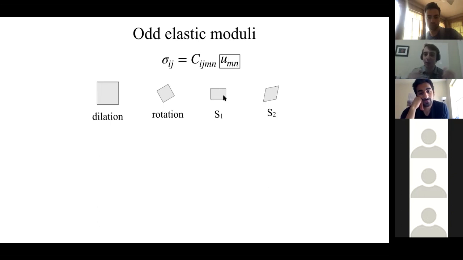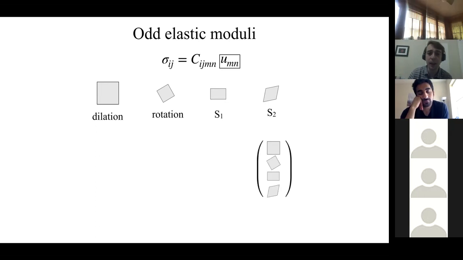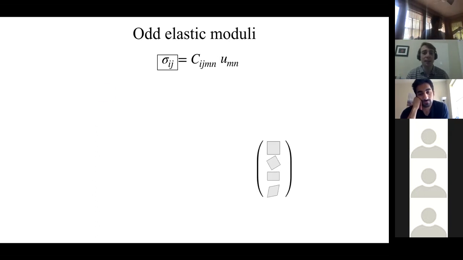You can extend horizontally along the horizontal axis and compress it along the vertical, or you can deform at the 45 and compress along the negative 45 axis. And you can stack those into a vector, and you can perform a similar decomposition with stress.